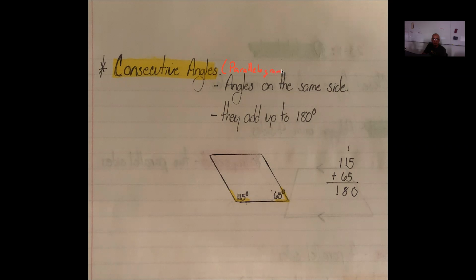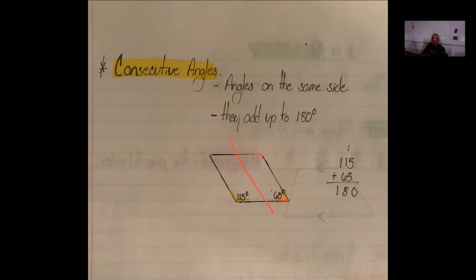Consecutive angles are simply angles on the same side. All right. So, for example, if I split this in half, these 2 angles are on the same side. If I split it in half the other way, then these 2 angles are on the same side.